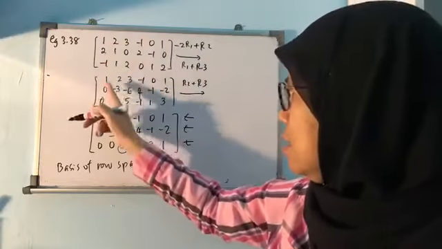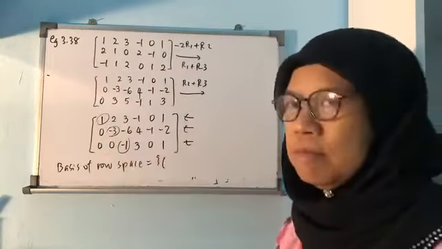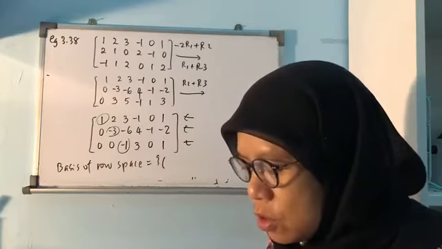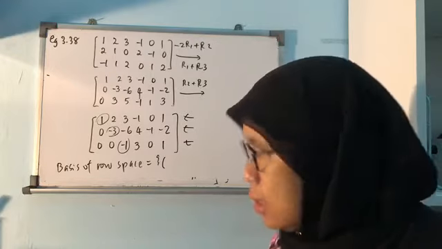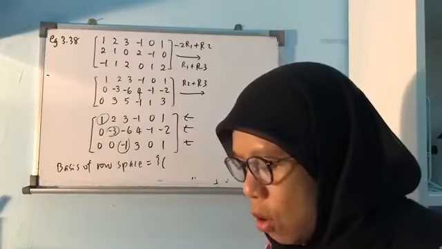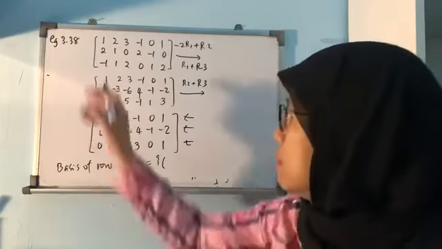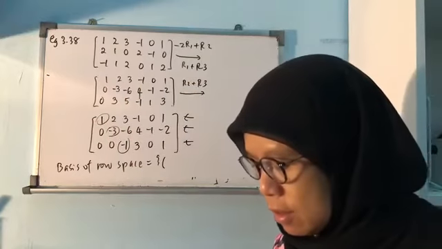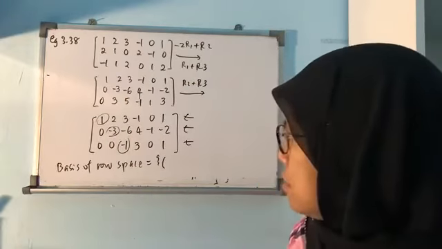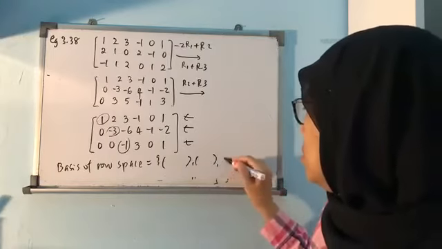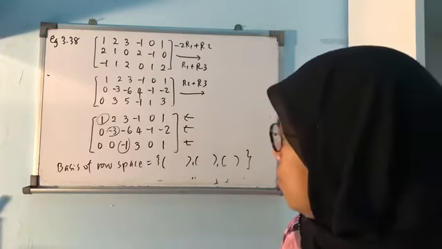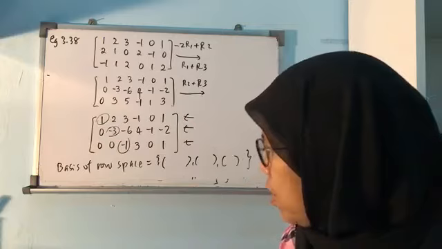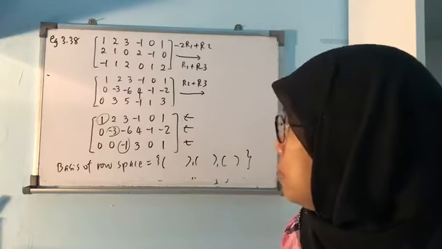This is okay, this is okay, this is okay. So the answer is not unique. A basis for the row space, I put it there, is this 3 or the original one. Or if you put this also, it is okay. Now this is a subset of R6. Now how to find the basis of the column space?